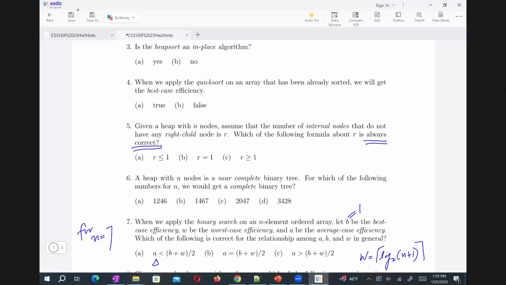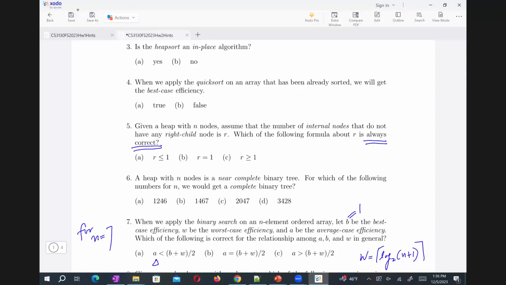I'm thinking R equals 0. Do we have a situation where some node has one right child? Oh, if it has the right child, it has to have the left child. Okay. Yeah, you're right. Good question.